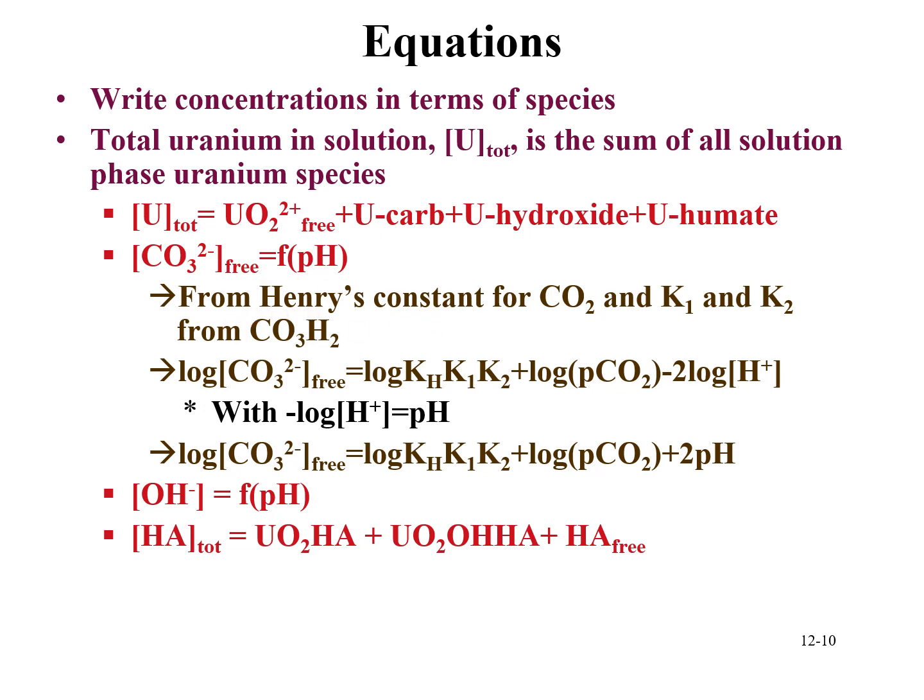And if I know my protonation constants for carbonic acid, I can write an equation where the log of the carbonate concentration is equal to the log of the constants plus the log of the CO2 partial pressure minus 2 times the log of the proton concentration.